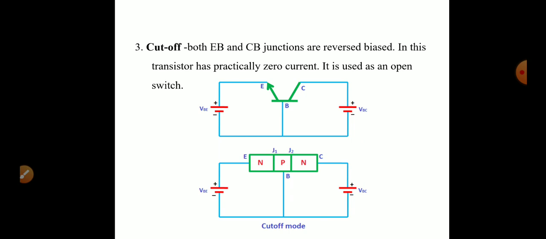And next one is the cutoff mode. In cutoff mode, both the emitter base junction and the collector base junction are reverse biased.